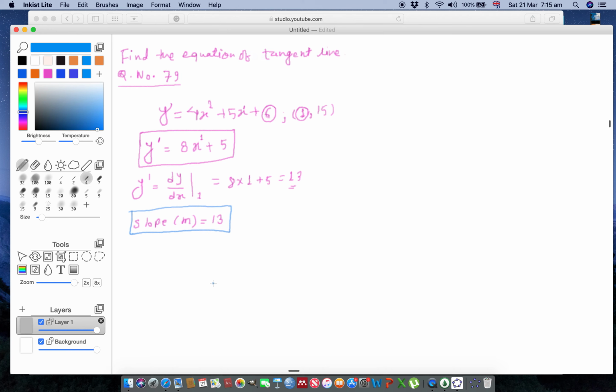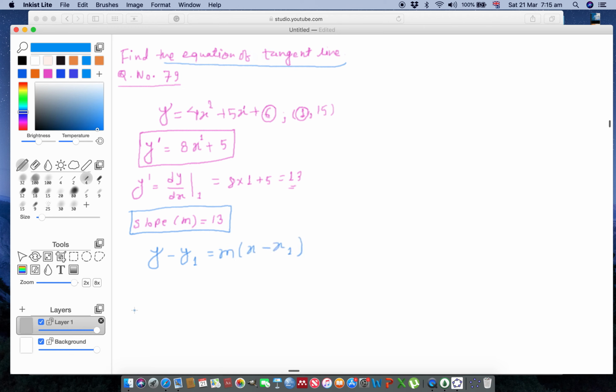Now we have to find the equation of the tangent line. For that, we need to use the equation form: y minus y1 is equal to slope times x minus x1.